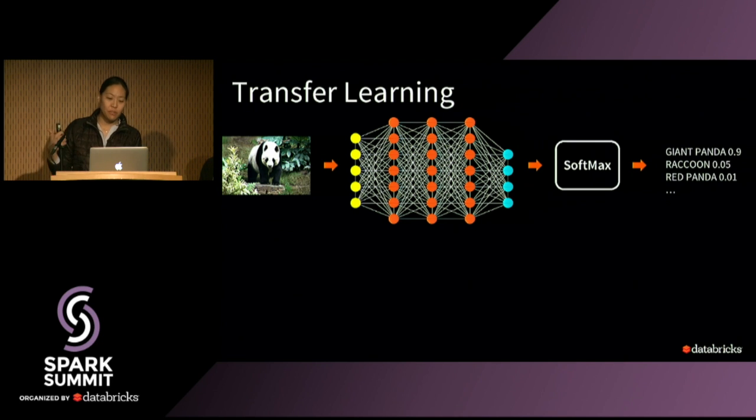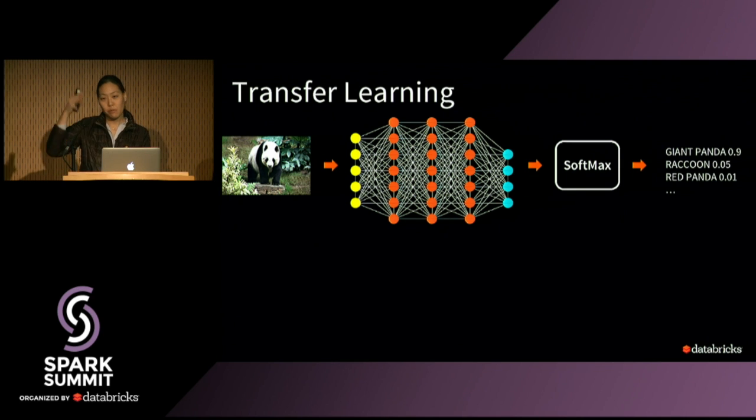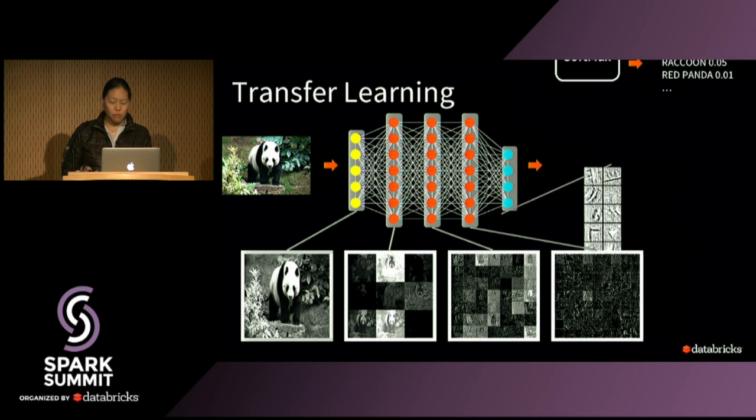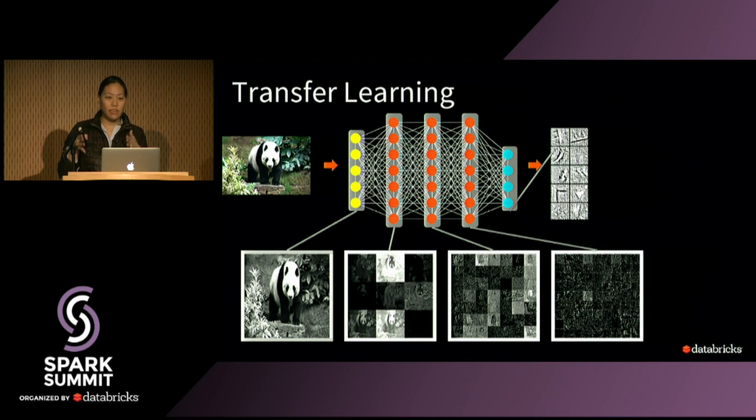So this is an example of a supervised learning model, right? It's got lots of layers. And then there's a softmax layer at the end that essentially gives you this probability distribution over the labels that you could have. And these intermediate layers, they capture things like edges and textures and shapes and so on. So then we can take away that layer that gives you the labels and instead use the output from one of these intermediate layers.